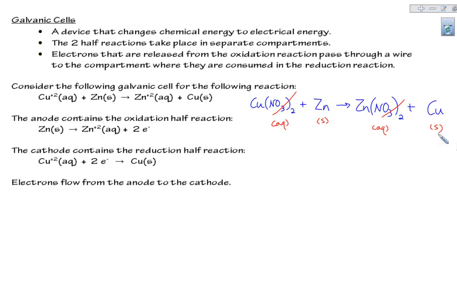And then again, here's a good review of net ionics. Often people cross off the spectators, but they don't write in the charges. When you write your final net ionic equation, you can't just leave this as Cu. Cu is like solid copper.